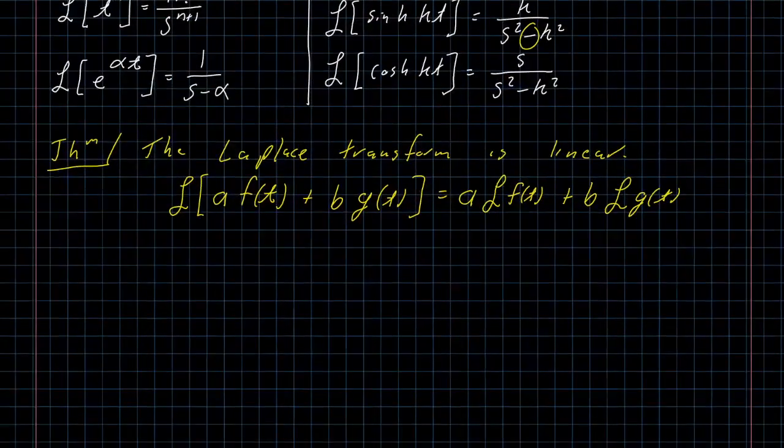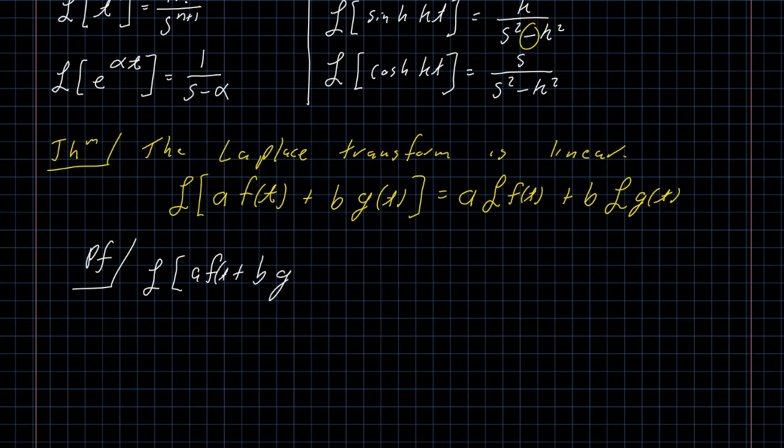And that is going to happen directly from the properties of the integral. If I take the Laplace transform of a times f plus b times g, and I'm going to do my best to remember to keep the "of t"s everywhere, although suppressing "of t" is something that becomes more common at this point.